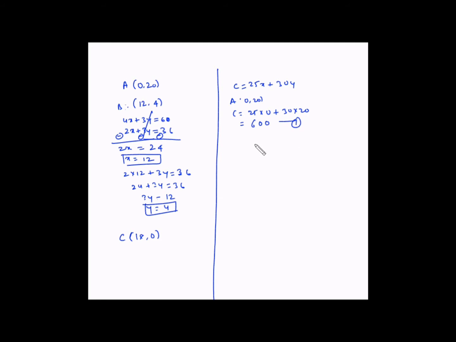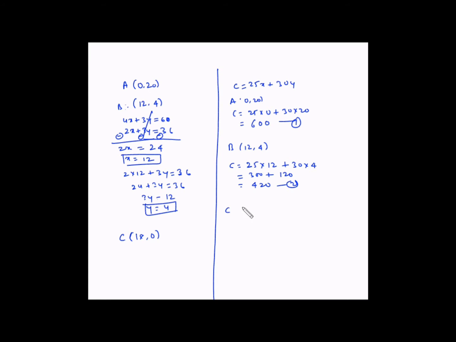So this is the cost at point A. Now the coordinates of point B are 12 and 4. So C is equal to 25 multiplied by 12 plus 30 multiplied by 4. This is equal to 300 plus 4 3s are 12, so 120. This is equal to 420.